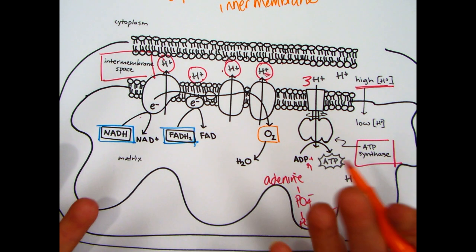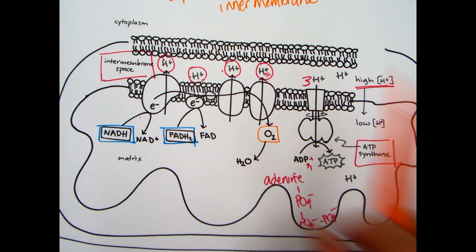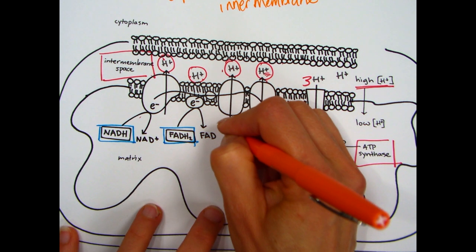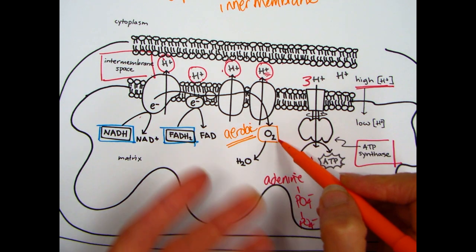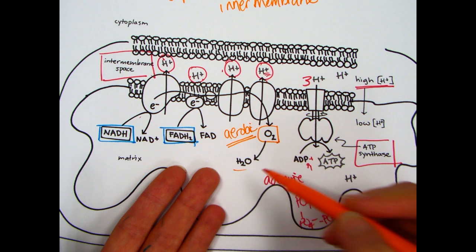And so we need a place for the electrons to go so that the whole process can continue. And in aerobic respiration, the electrons go to oxygen and then water is formed.